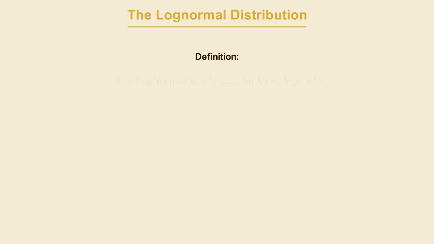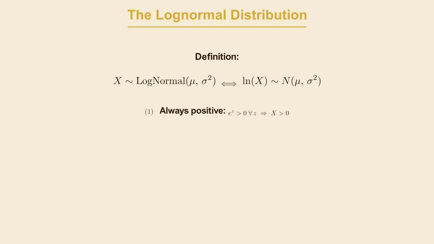A random variable x follows a log normal distribution if the natural logarithm of x is normally distributed. So if the log of x is normal with mean mu and variance sigma squared, then x itself is log normal with those same parameters. Two immediate consequences follow. First, x must always be positive because the exponential function is always positive.